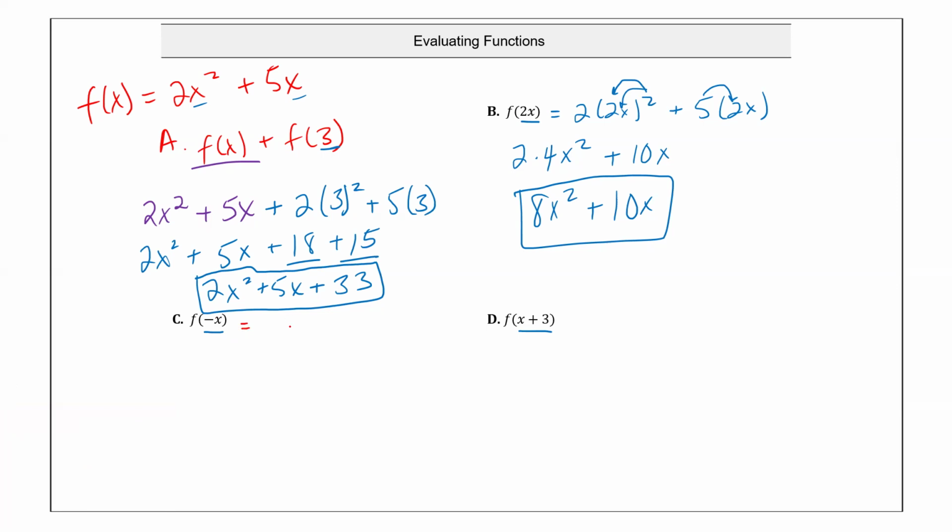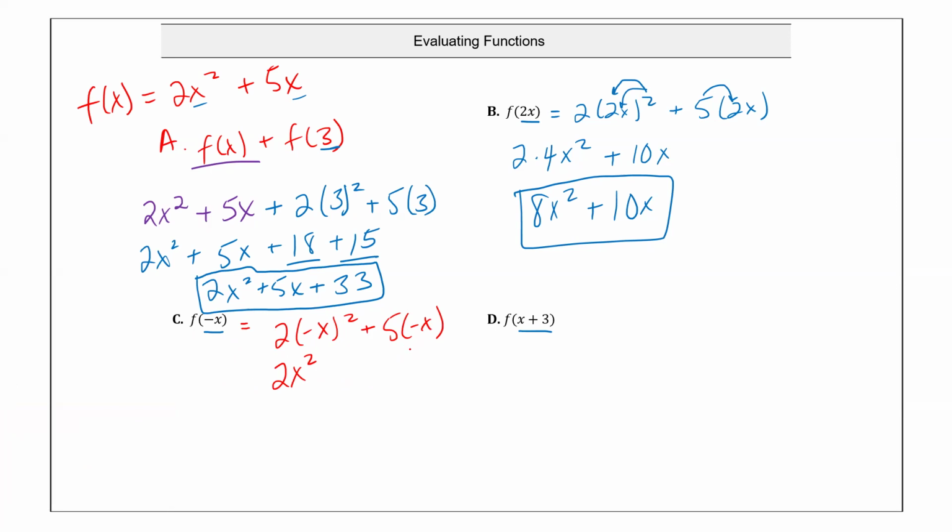Okay, on the next one, we're replacing all of our x's with a negative x. So we have 2 negative x squared plus 5 times negative x. Okay, negative x squared means you now have 2 negative x's, right? And a negative times a negative makes a positive, so it's unchanged. But now I have 5 times negative x.